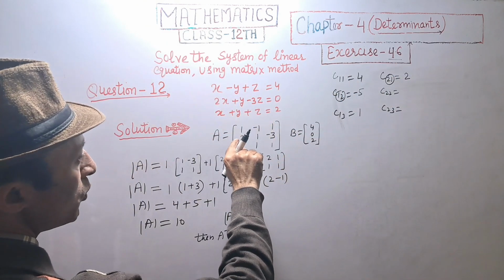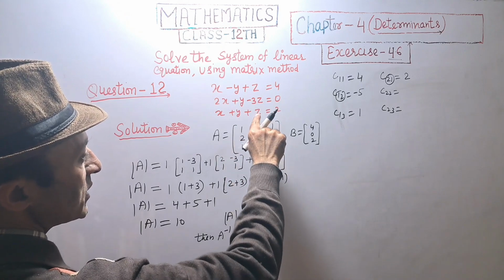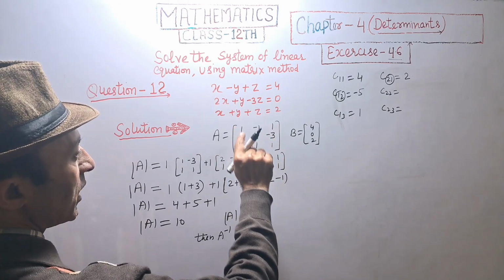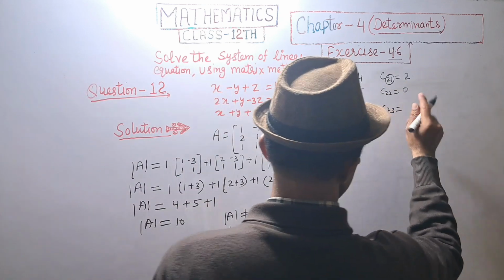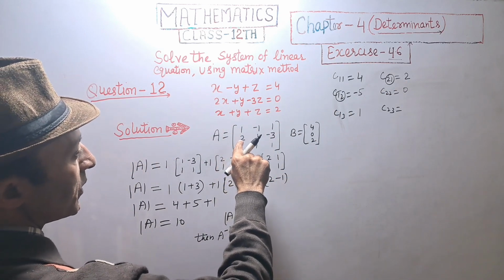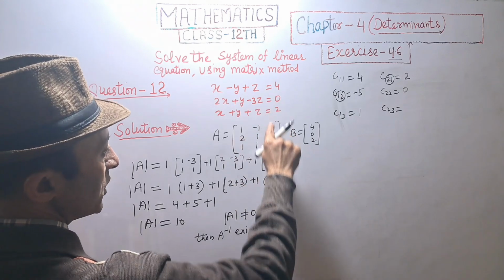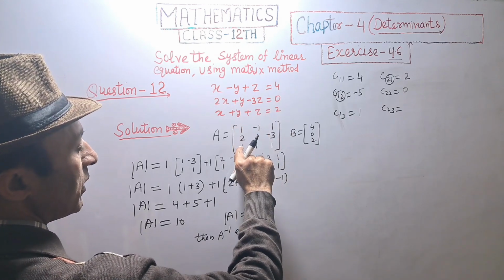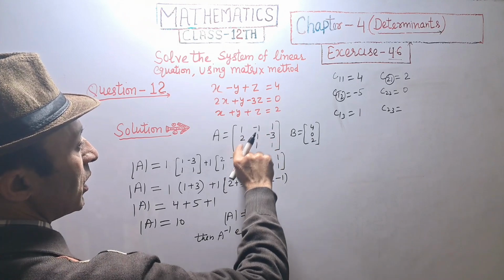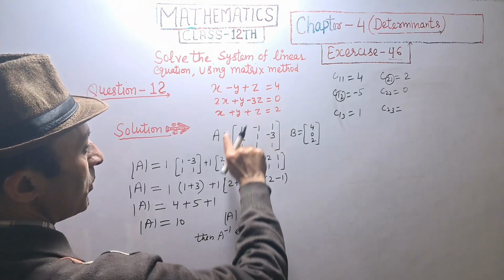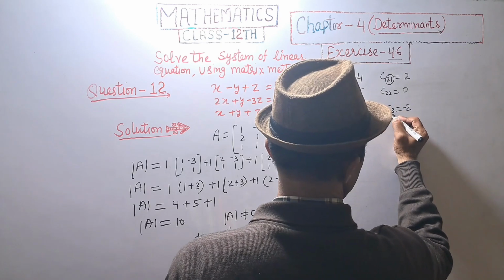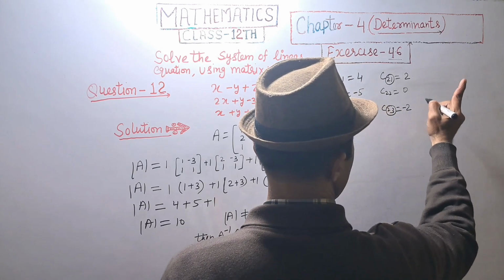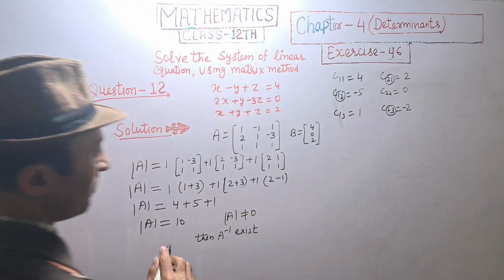And C22, second row, second column, 1 1s are 1, -1, that is 0. And C23, 1 1s are 1, minus plus 1. 1 plus 1 is 2, and that is -2. 2 plus 3 is 5, so this number is multiplied by the negative sign.